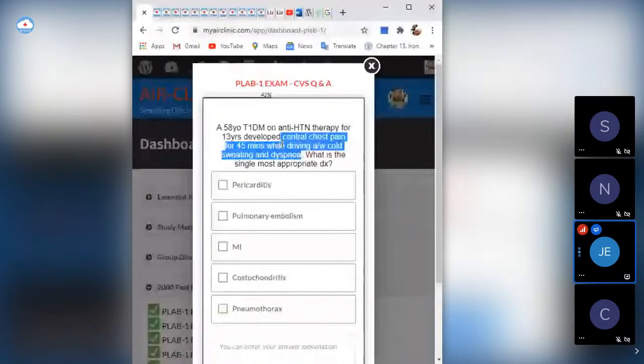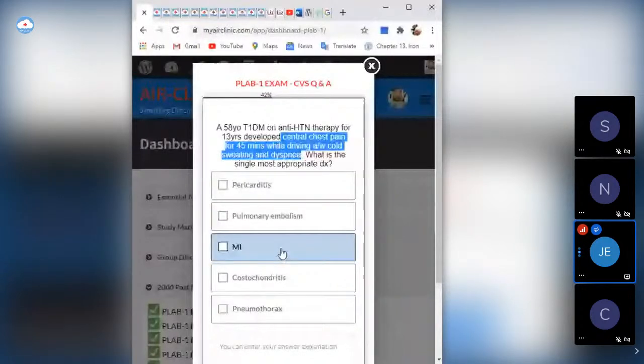Right, he was driving. So will you consider driving a relaxing activity or a stressful activity? Because that's what will differentiate these two: pulmonary embolism versus myocardial infarction.